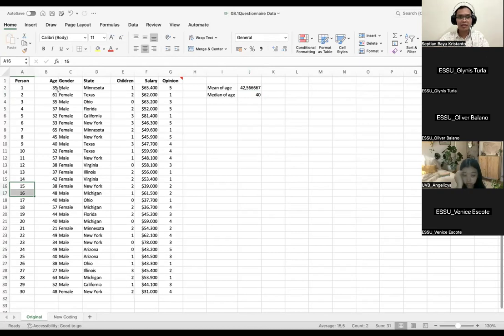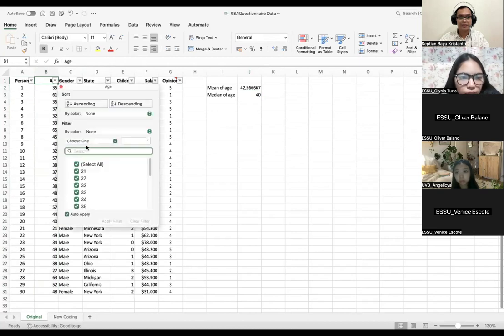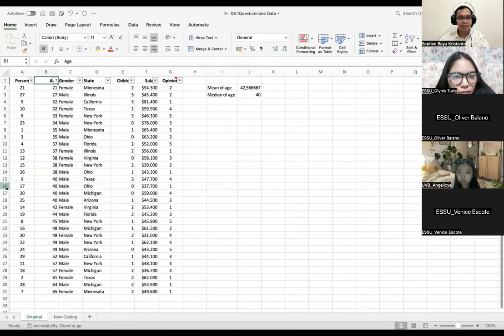In a manual way, you need to sort the data like this, by filtering your data and sorting ascending. In the middle of the data, it contains the number 40. So this is the median of the data.